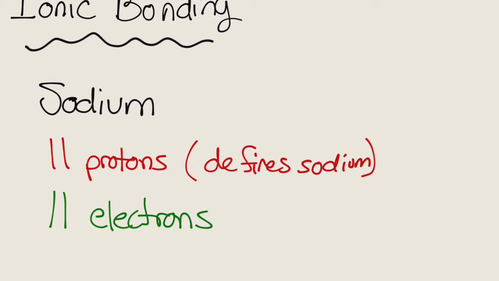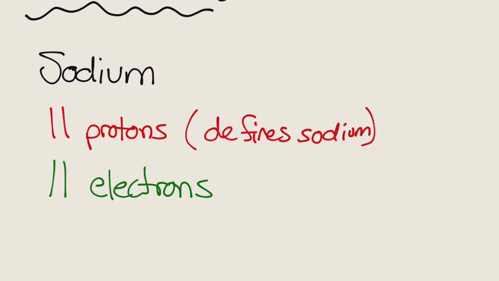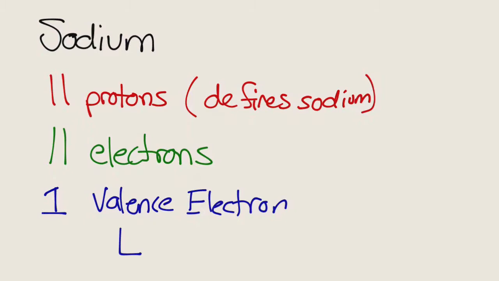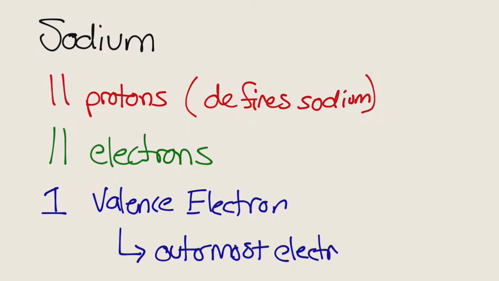Sodium only has one, what we call valence or outermost electron. Valence electron. We call these the outermost electrons. And it's this one electron that makes sodium react with water very violently.